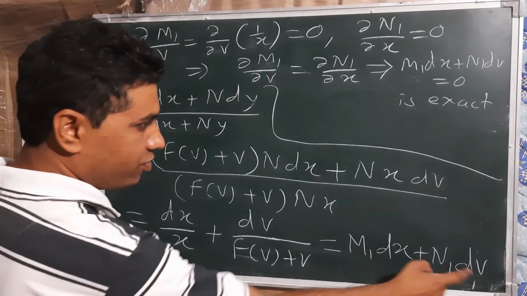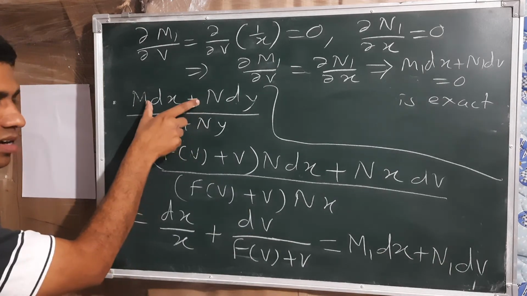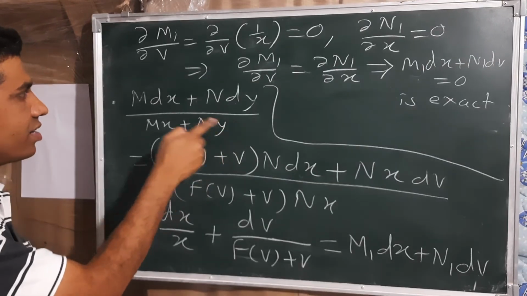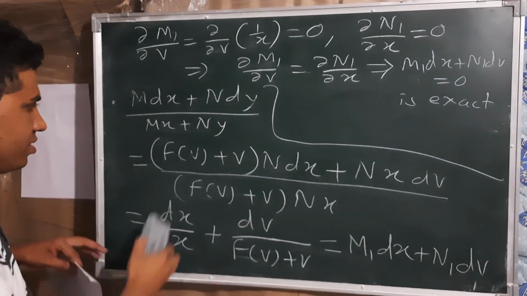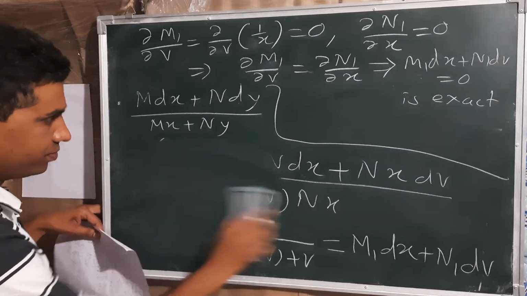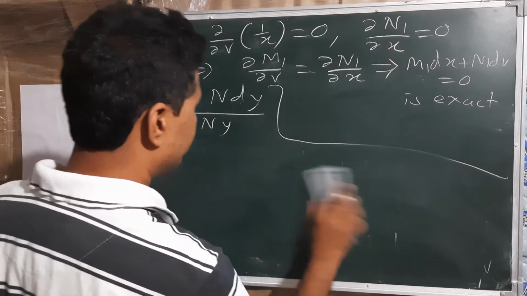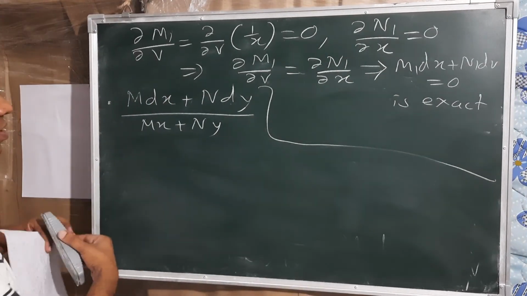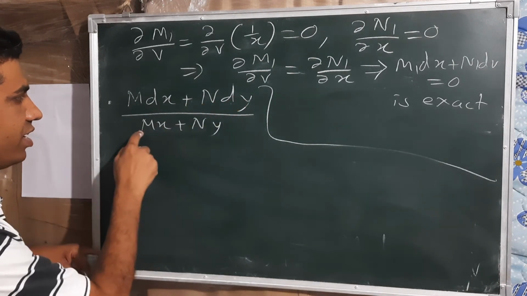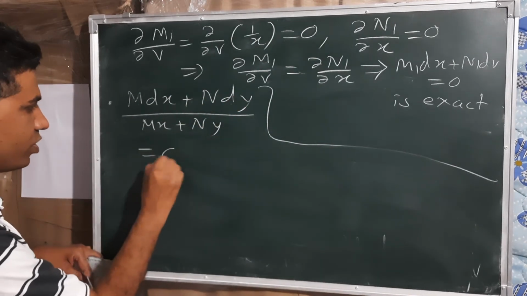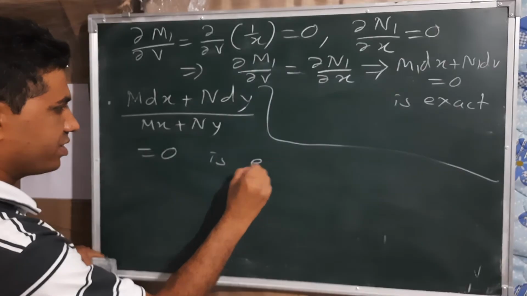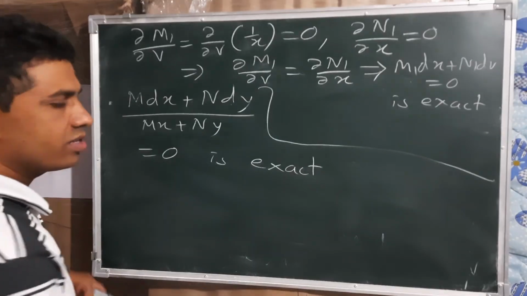But this means the left hand side equal to 0 is exact. What does this mean? M dx plus N dy divided by Mx plus Ny equal to 0 is an exact differential equation.